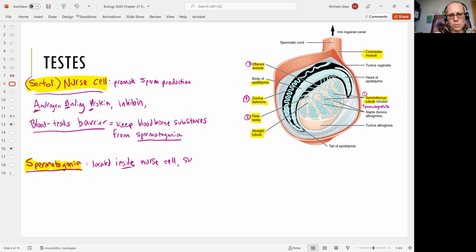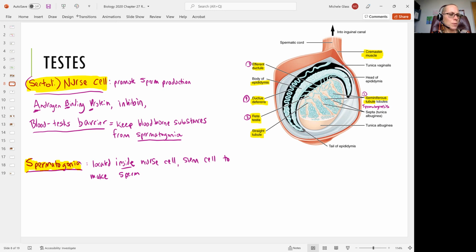And this is our stem cell to make sperm. So when we had our video on meiosis, we said you have a starting cell that is either spermatogonia or oogonia, depending on whether you're in the testes or the ovary. We're going to see the process of spermatogenesis in our next video. So this is the stem cell that's initiating that process to actually make our sperm. So we'll go into a lot of detail on that in just a little bit.